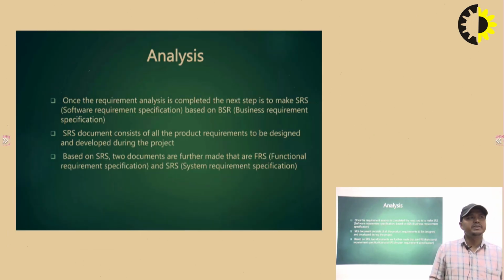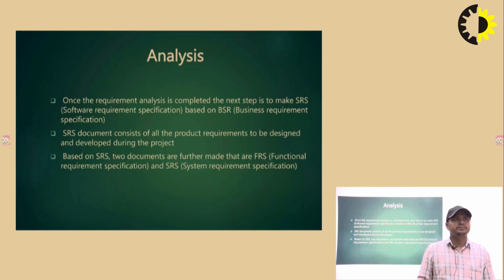In the analysis phase, once the requirement analysis is completed, the next step is to make the SRS, that is the software requirement specification, where all the requirements of the client are managed in a proper way. The SRS document consists of all the product requirements to be designed and developed during the project.